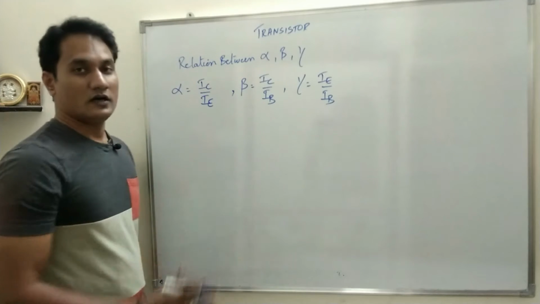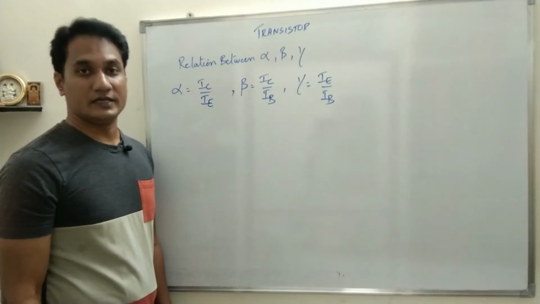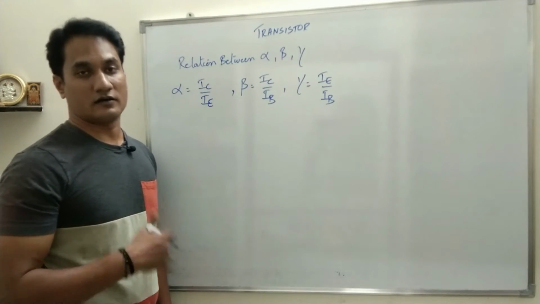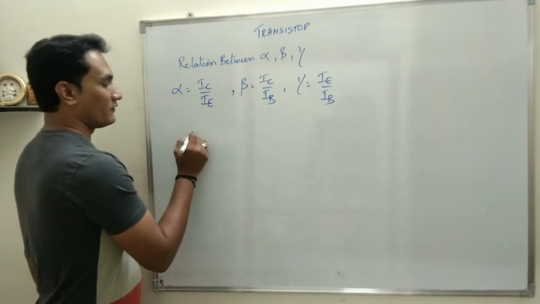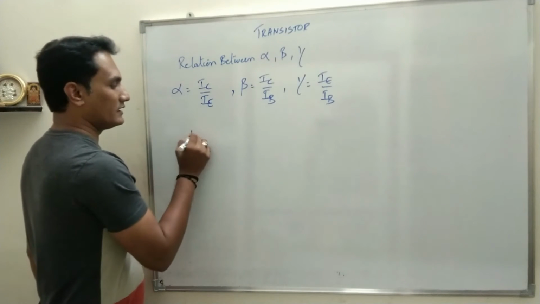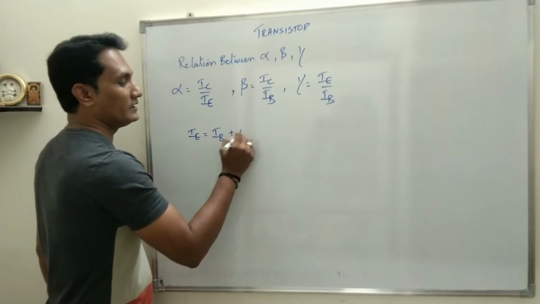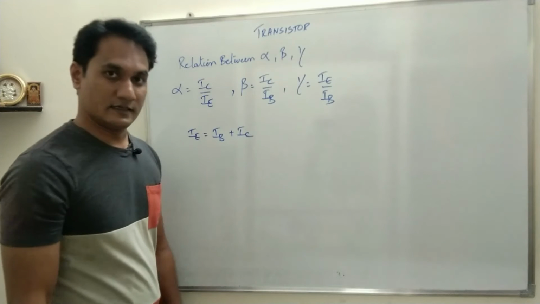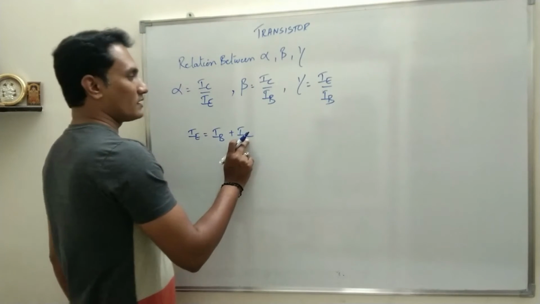We have to obtain equations which relate alpha and beta, alpha and gamma, or beta and gamma. Okay, so that is what we will try to understand. So the first equation, the basic current equation for the transistor, is that the total current IE is equal to IB plus IC. Okay, IE is equal to IB plus IC.